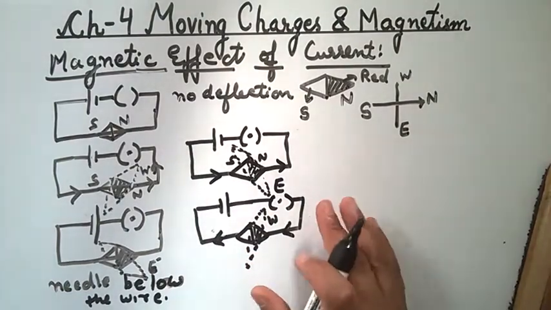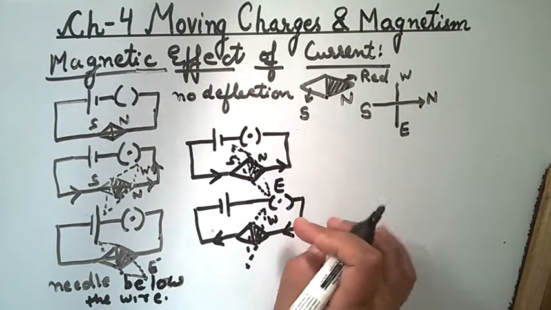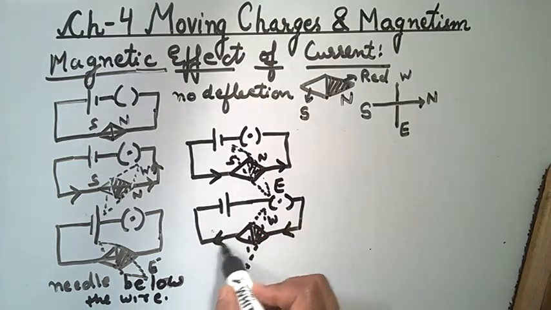So these are the magnetic needle deflections because of the presence of magnetic field due to the flow of current in a wire.